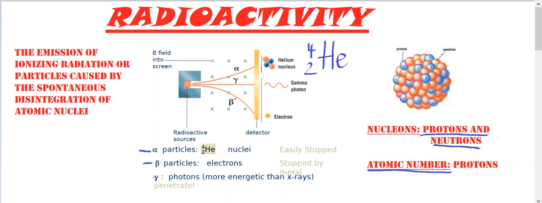Beta particles are electrons, so they do not affect the nucleon number or the atomic number because they are outside of the nucleus in the electron cloud. Gamma photons, which are highly charged particles, are also on the outside of the nucleus and therefore do not affect the number of protons or neutrons.